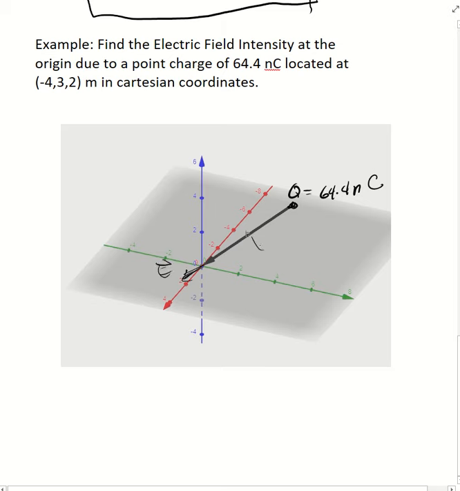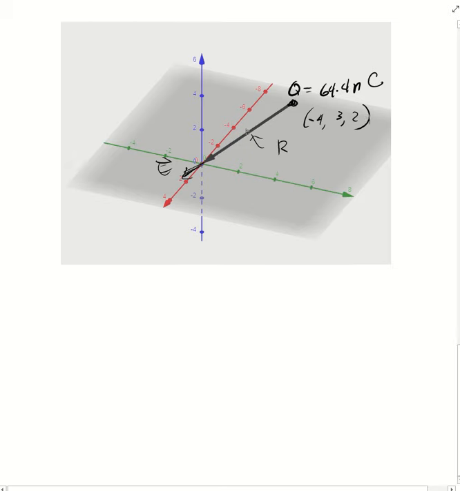This vector here will be our r, vector r. So this point, remember, is negative 4, 3, and 2. That's the location of the charge q. So to solve for E in this graph, we need to determine R. So remember, E is equal to Q all over 4 pi.